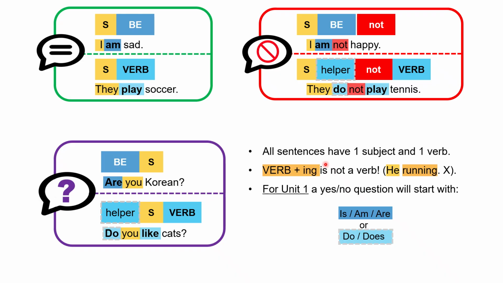In English, you always know if it's a question from the first word that you hear. Are, do. Right away, you know it's a question. If you hear a subject, a noun first, they, I, it's not a question.